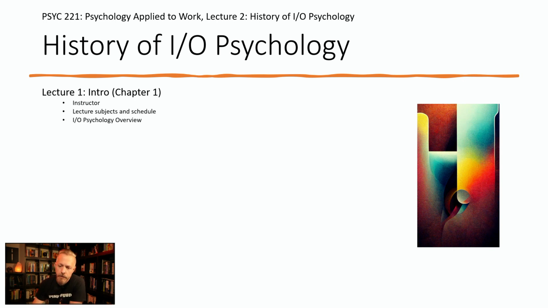We went through the sequence of things, and then we got into IO psychology in terms of what it is, and we talked a little bit about what kind of careers are available in the field. We talked about many different types of challenges that IO psychology is either trying to address or that IO psychologists face in the field. And then we talked in general about the other aspects of psychology and why they're relevant to the workplace.